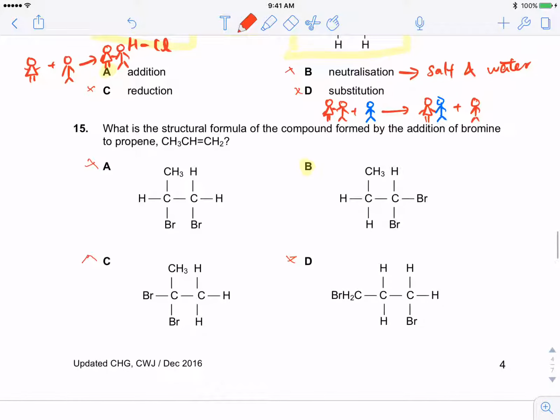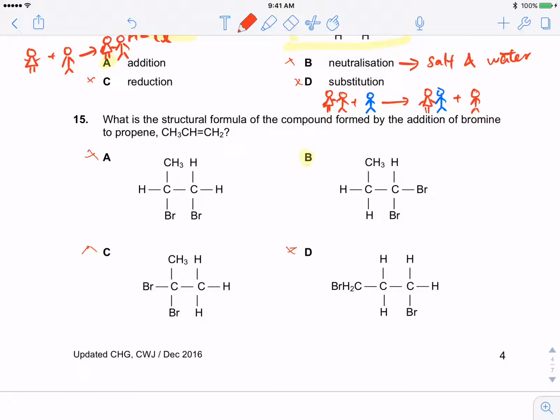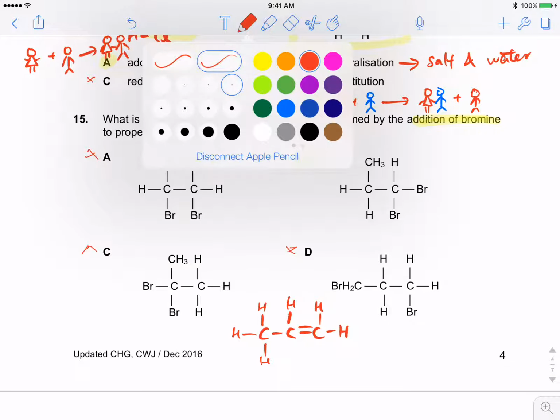Okay, so question 15. What is the structural formula of the compound formed by the addition of bromine to propene? And they even gave you the formula. So let's draw propene. C, C, C, double bond here. So recall the addition of bromine adds Br2 across the double bond.